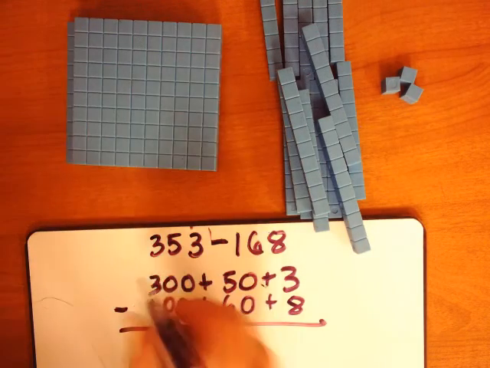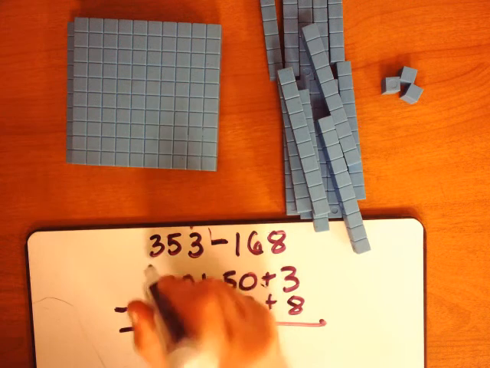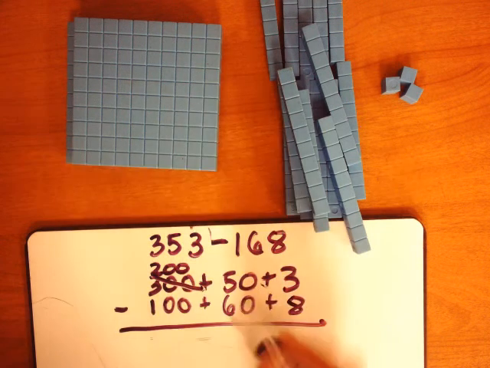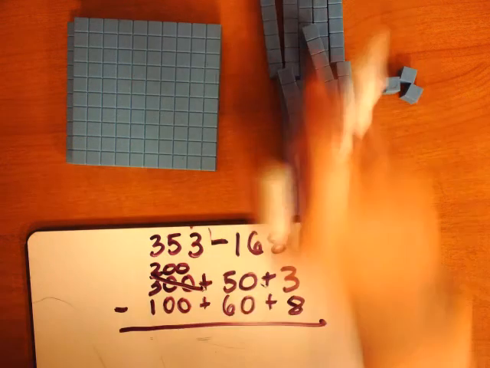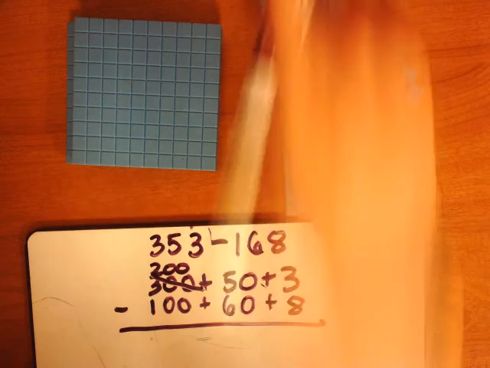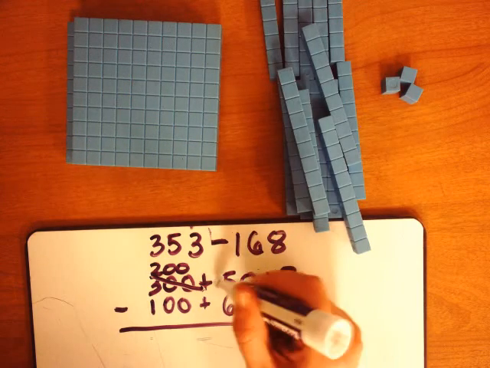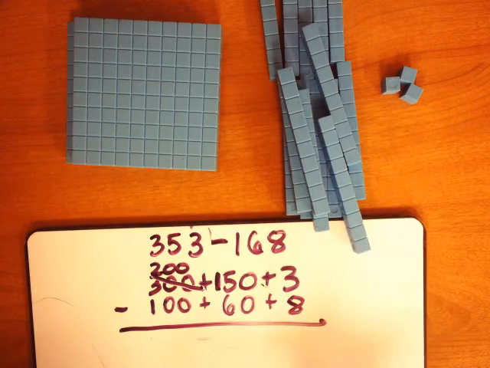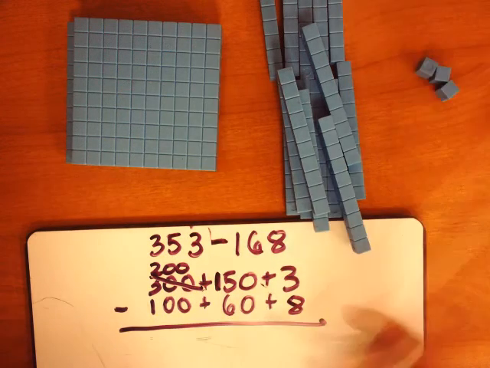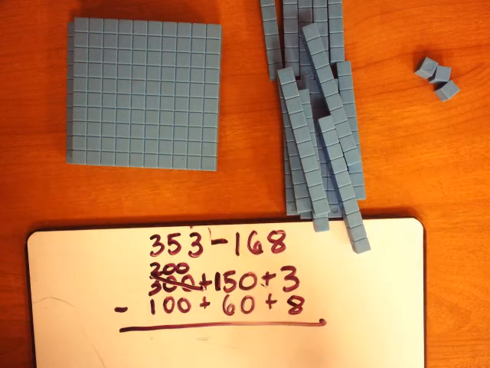So as I record that, now I have 200 and 10 tens and 5 tens, total of 15 tens, so the value of that is 150. And then I still have my 3. Now I've got more on top, no need to stop.